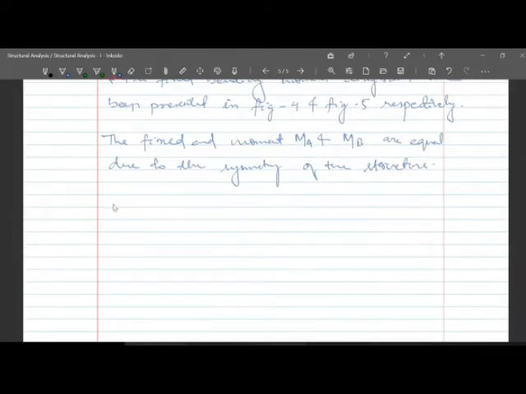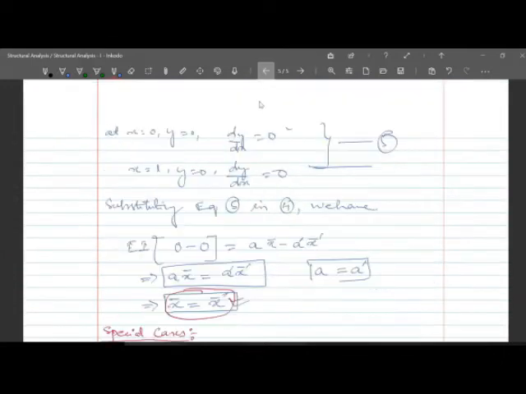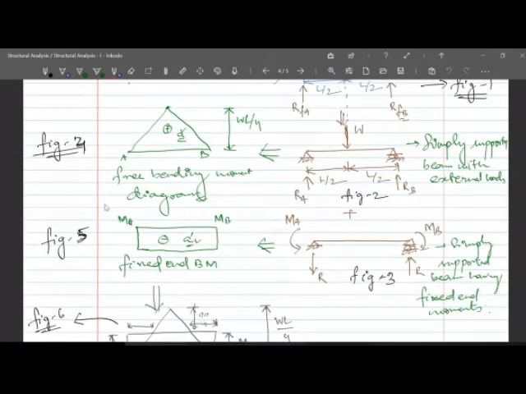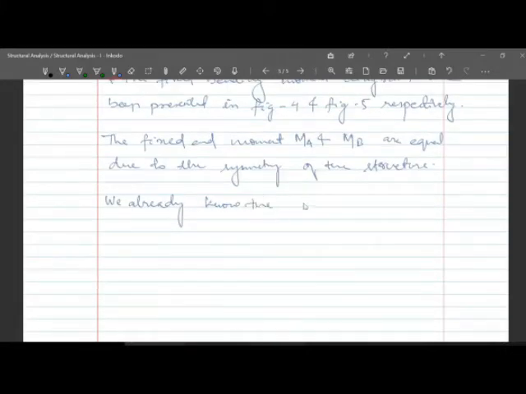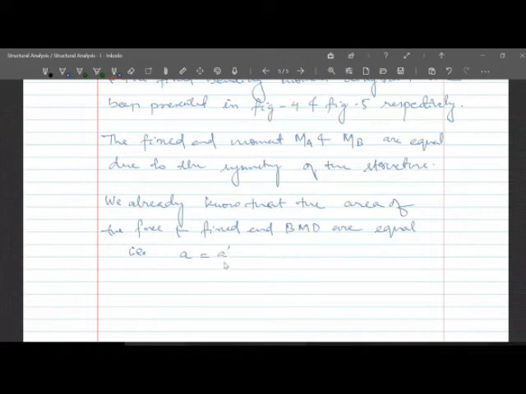We already know that the area of the free bending moment diagram and the area of the fixed end bending moment diagram are equal. That is, A equals A dash.